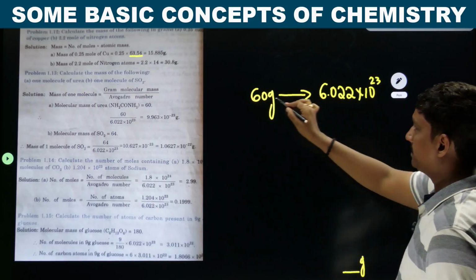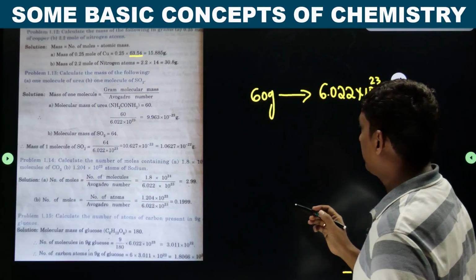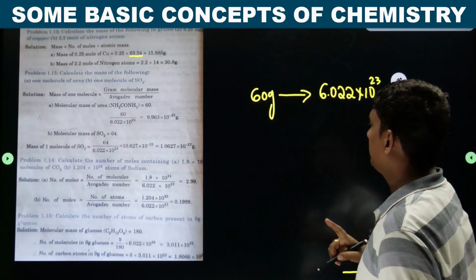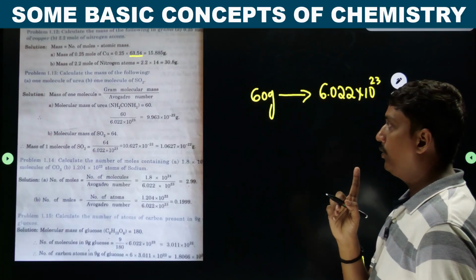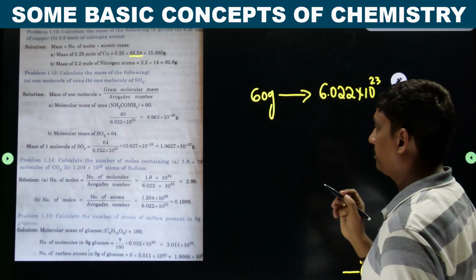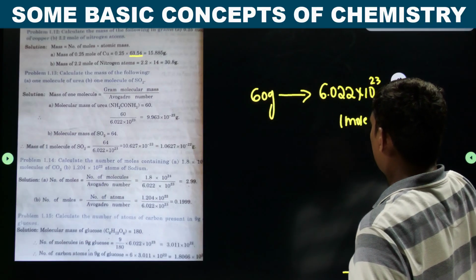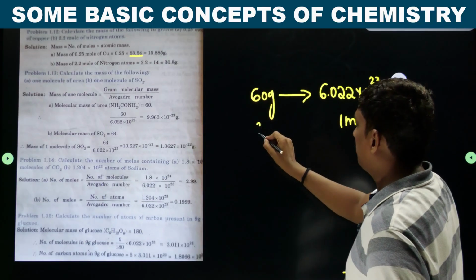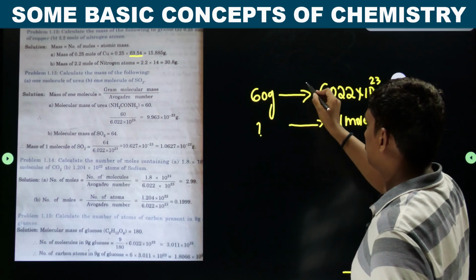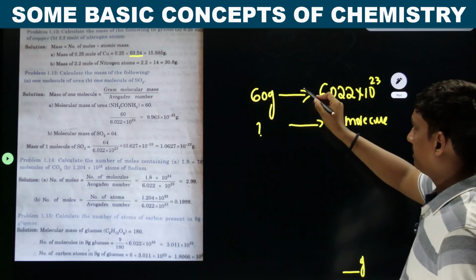If you take this many molecules, it is 60 grams. What is the mass of one molecule? The molecule side is this one, and the question is how many grams. So it is very simple.